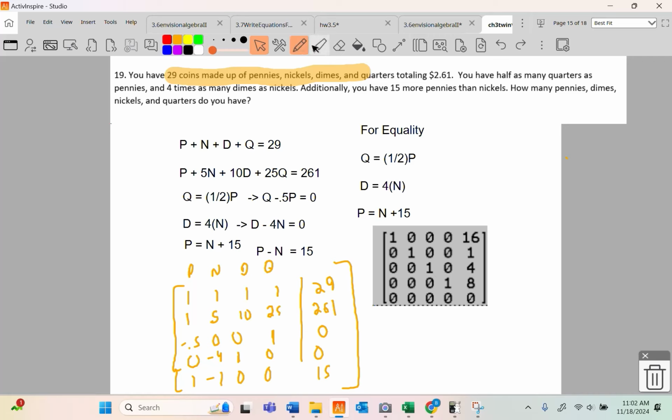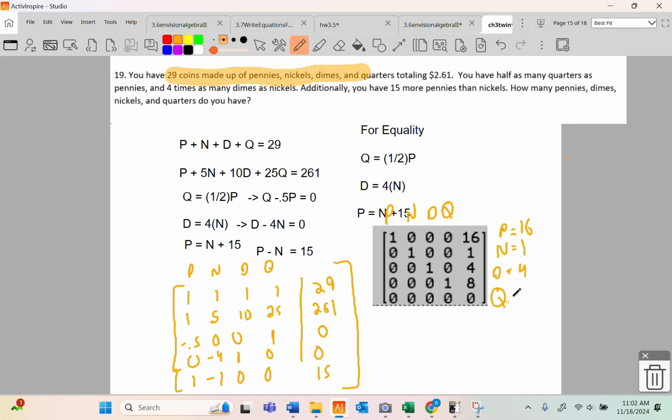The first 4 rows are going to tell you what everything is. So remember, the first column was about pennies, the second column was about nickels, third one was dimes, fourth was quarters. So it's saying P is 16. It's saying nickels is 1. Dimes is 4.